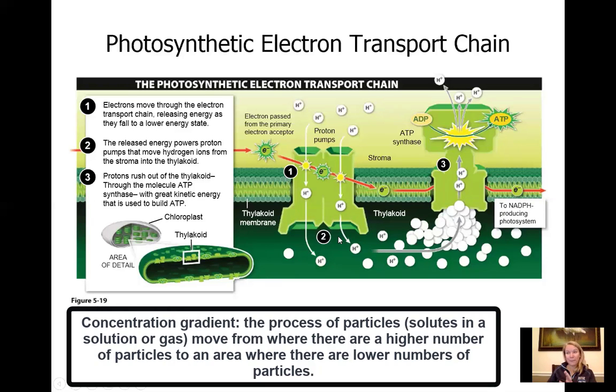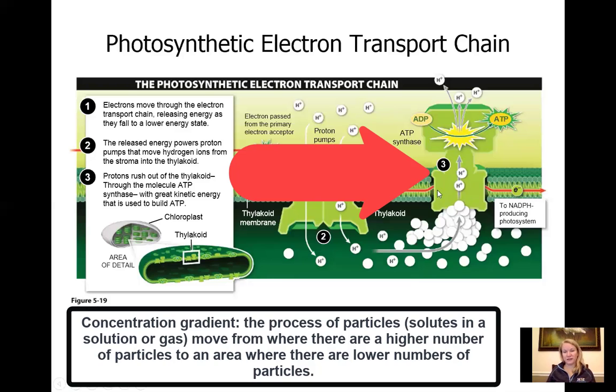Then what happens, so that's that part. You have all these protons being pumped over here, and now they all want to get to the other side. They all want to get out of there. They're like, I want to go to the other side where there's not as many protons. So what this does is ATP synthase, it allows that to happen.